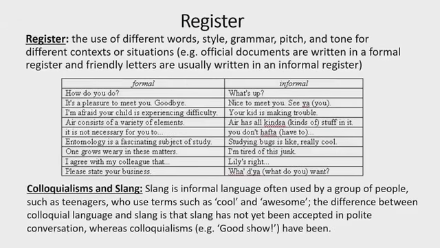So let's take a look at formal register. All of these notes are going to be online, so please don't try to write this stuff down. But register is all about the words that you use and the context that you use those words in. So you can see over here we've got a little table, and it says formal register and informal register. So if you're talking to the principal of your school or to your teacher or to the Queen, I always use talking to the Queen as an example, then you need to use the formal register.